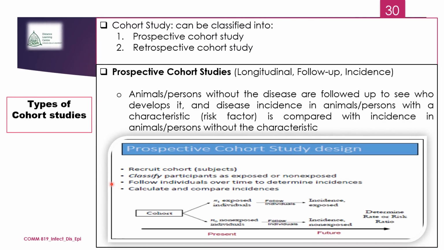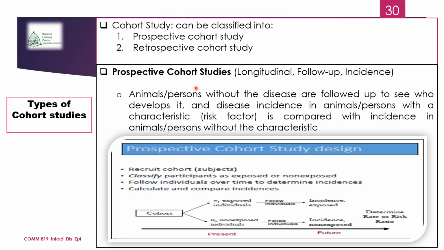Alright, so we said cohort study may be classified into 2: prospective cohort study and retrospective cohort study. So let's look at the two. We say for prospective cohort study, some call it longitudinal study, follow-up, or incident study.